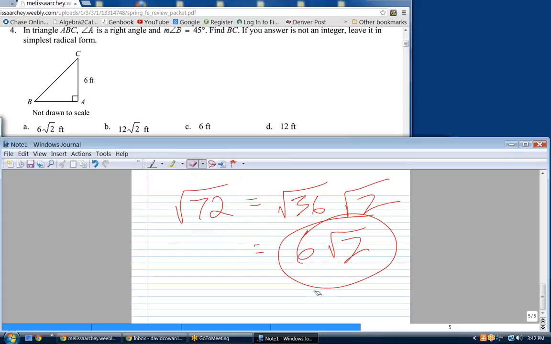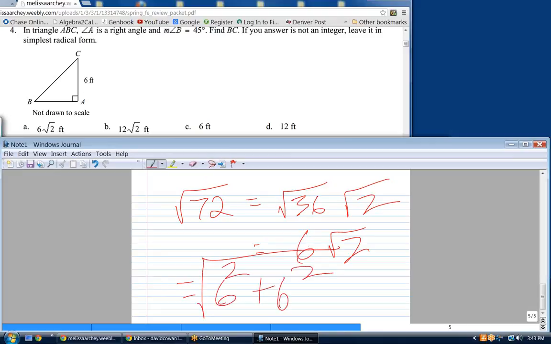The reason I tell everybody to make the first words out of your mouth square root is because most people forget that. If you ask people to solve for this hypotenuse, half of them would say 6 squared plus 6 squared. And they forget that it's the square root of that.